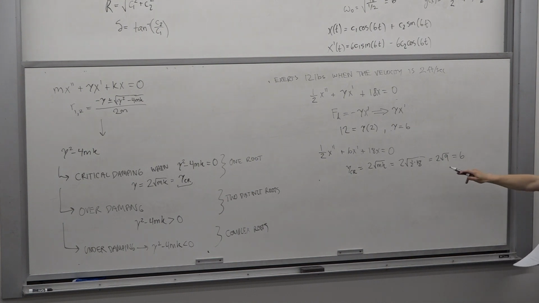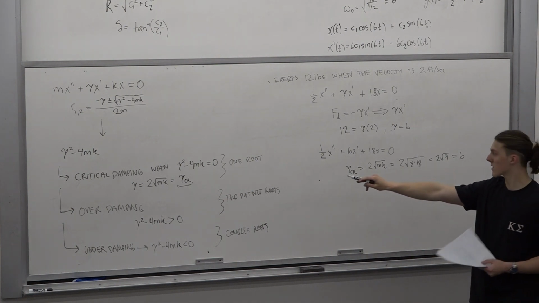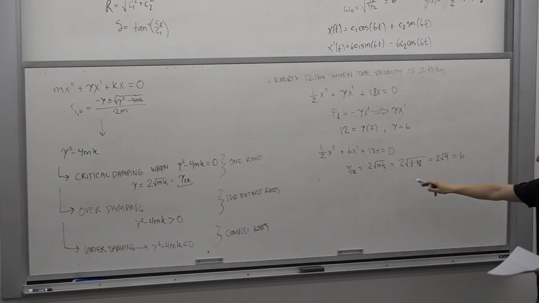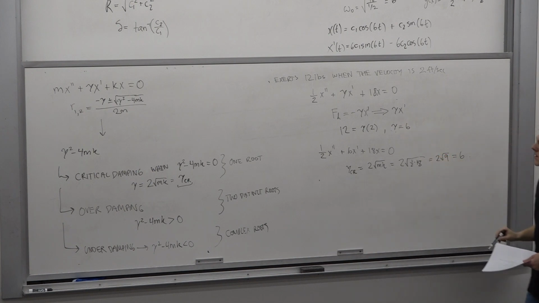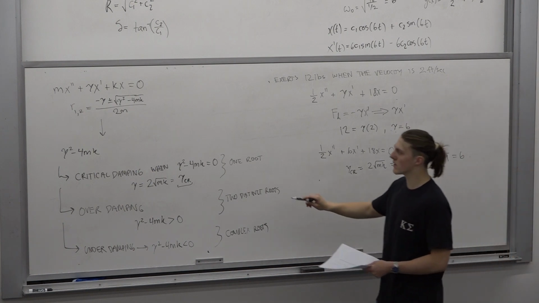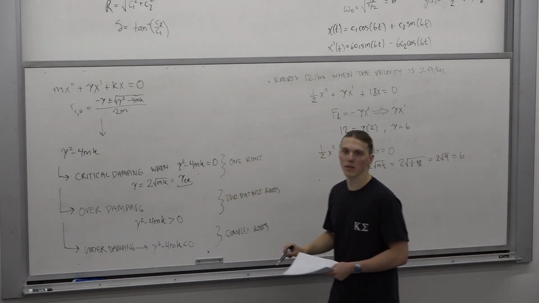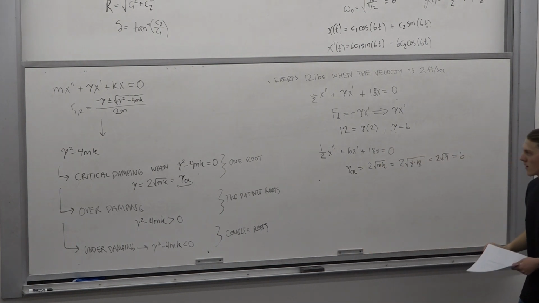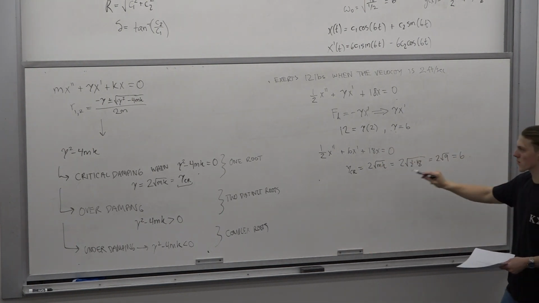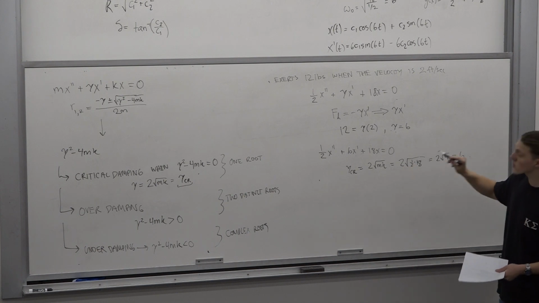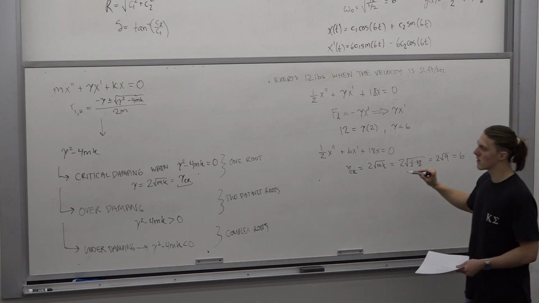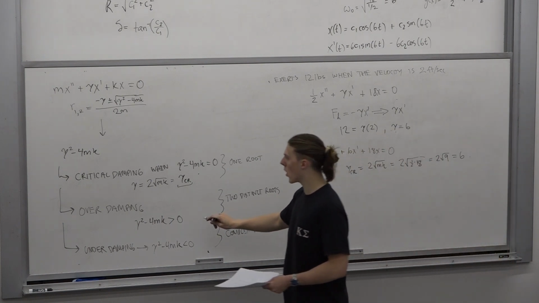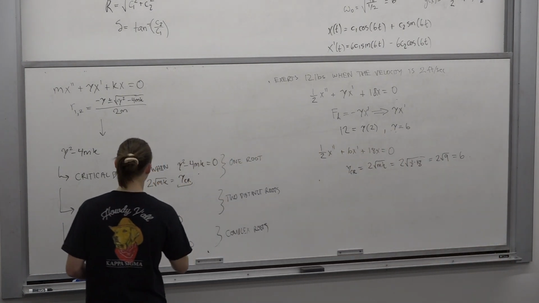So this is an equation that we know of, and essentially, when we calculate it, we get 6. What did we get for our system's gamma? 6. That means we know we're in the critical damping case. If we were to calculate this critical damping coefficient and it was greater than 6, well, we know we're in an overdamping environment.